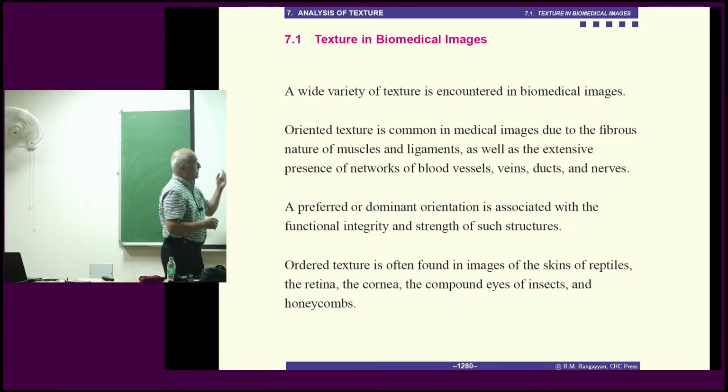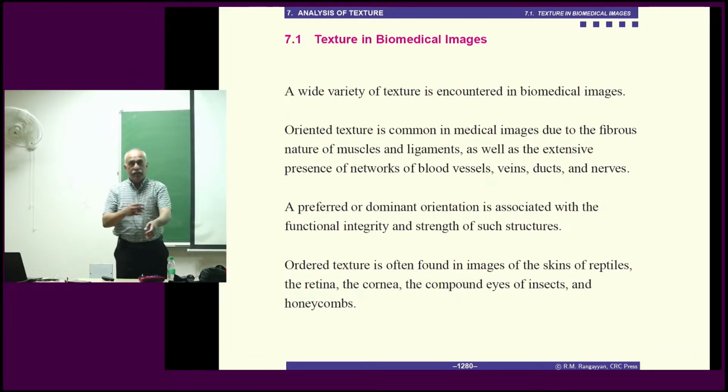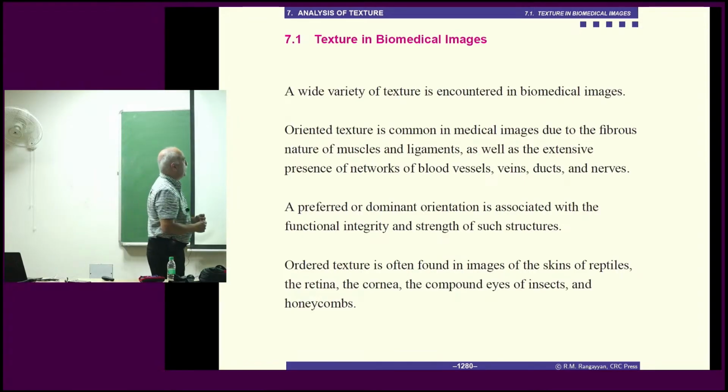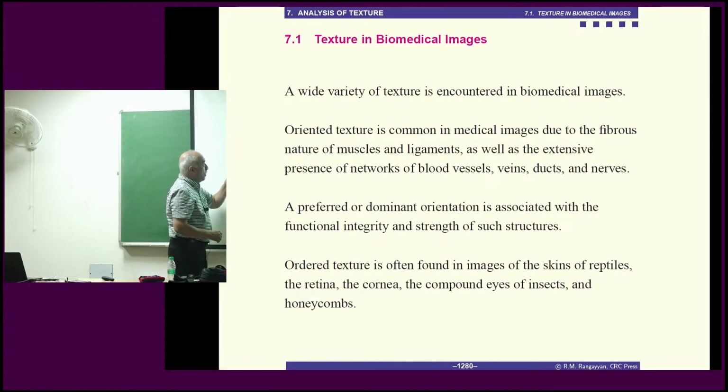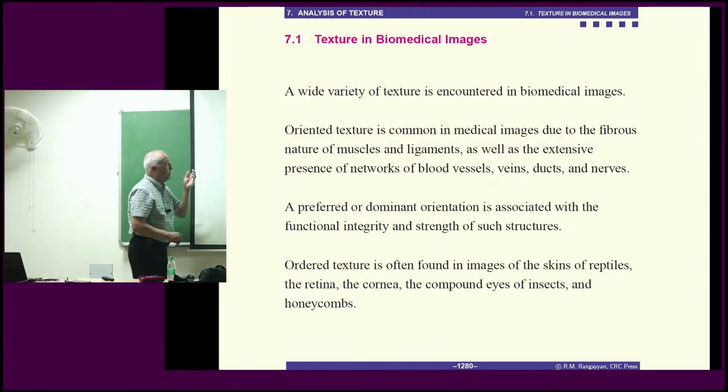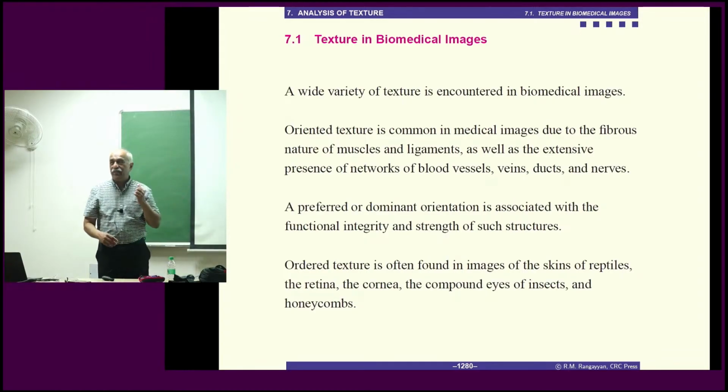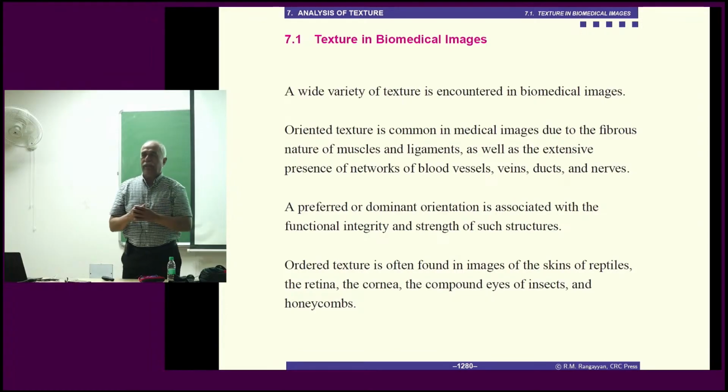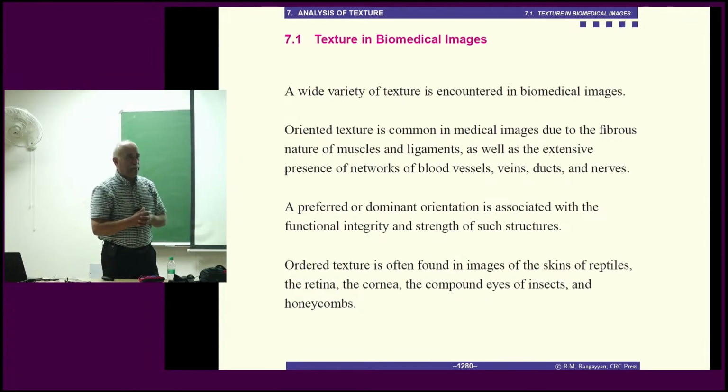And blood vessels, veins, ducts, nerves are curvilinear structures. They're linear in a small portion, but in a full organ they will be curvilinear. A preferred or dominant orientation is associated with the functional integrity and strength of such structures, as I said about ligaments. I'll show that later when we go to chapter 8, which is completely on oriented texture.